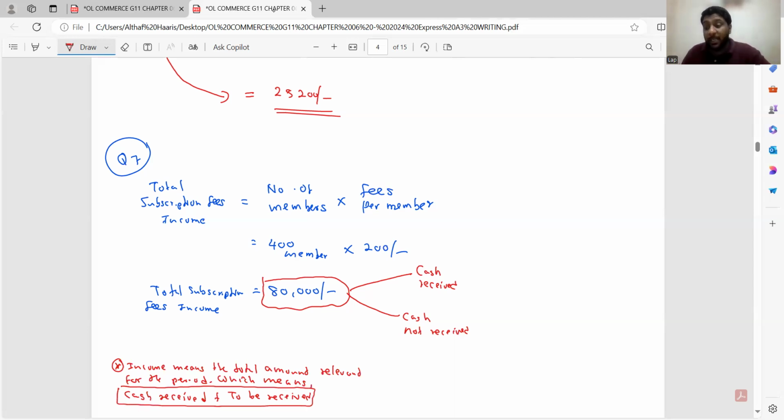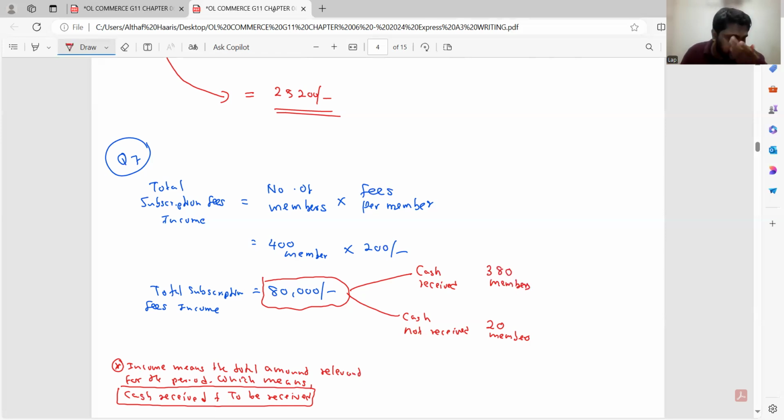So here now, what are they telling? 20 members have not given the money. Then out of 400 members, if 20 have not given, how many members have given the money? 380 members.